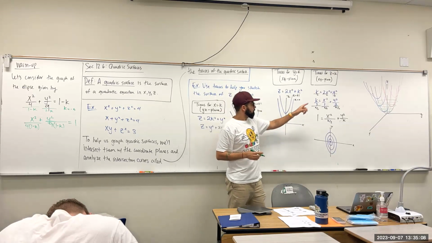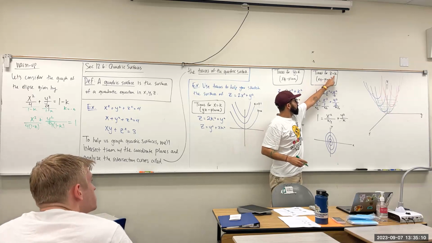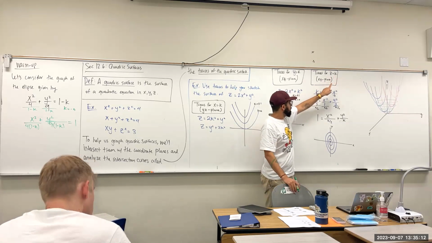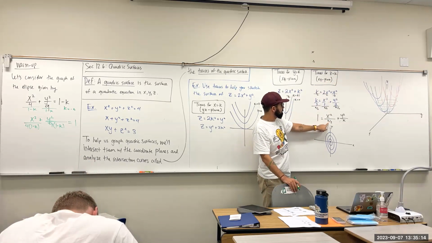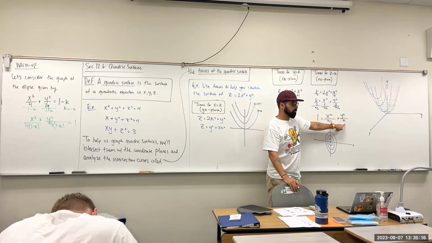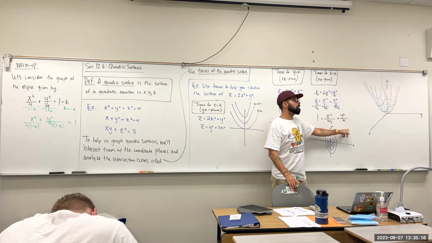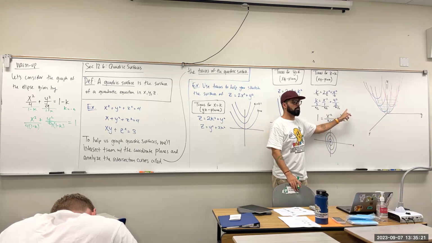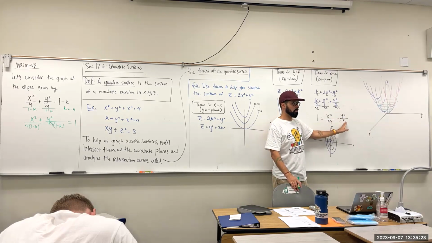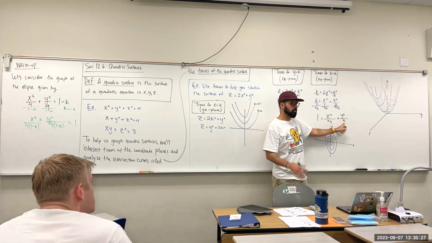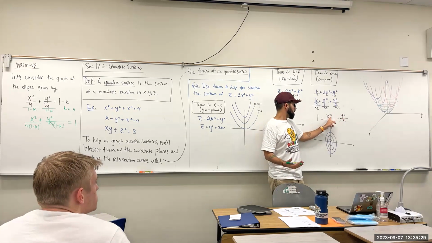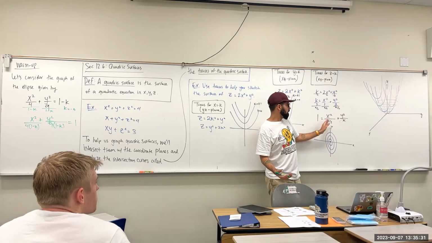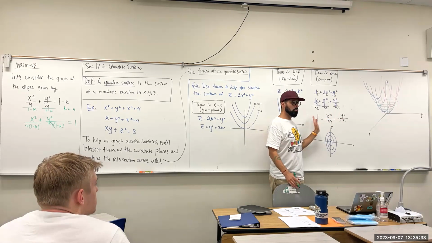We didn't talk about this part. What happens if z is negative? What sign would this fraction be if z is negative, if k is negative? Something positive over a negative is something negative. Can two negatives add to one positive?